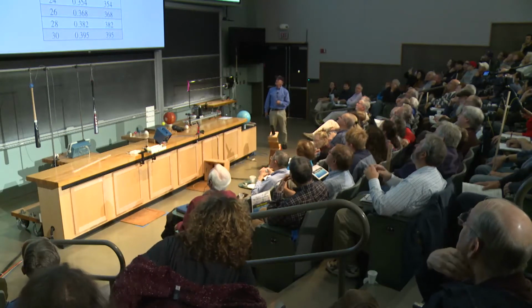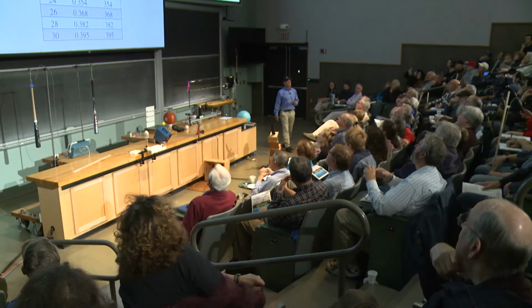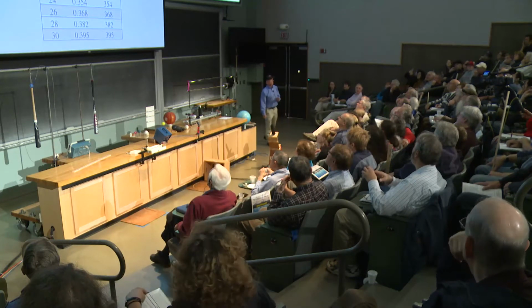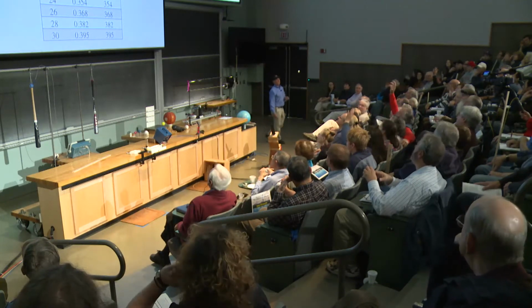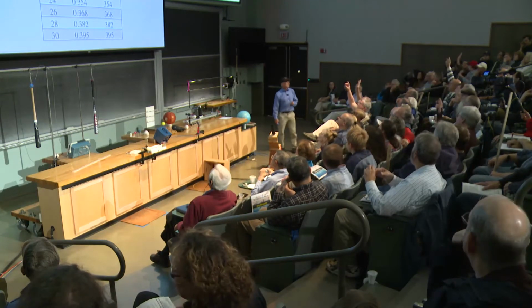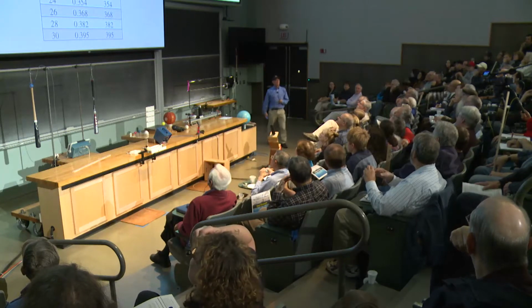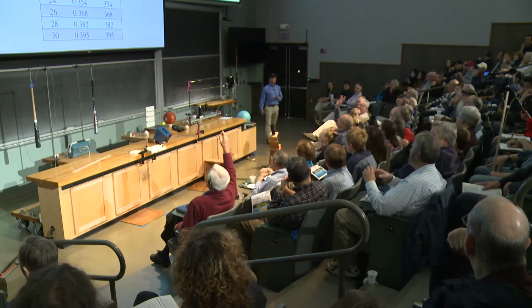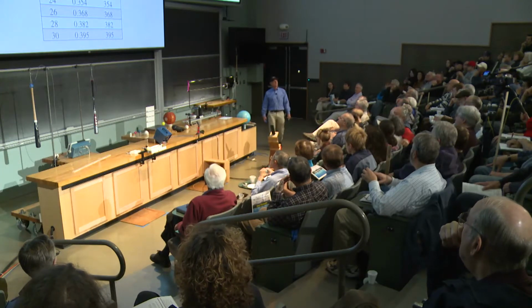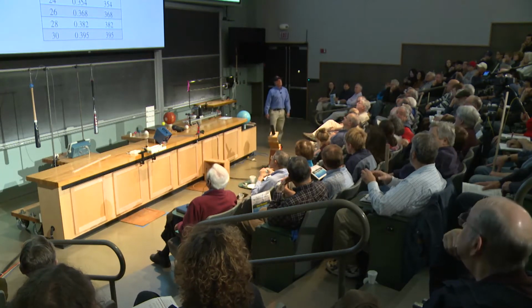How about 100 to 150? Anyone? 150 to 200. So a significant number of hands. 200 to 250. So about the same. 250 to 300? Still about the same. So it's sort of a broad range. And over 300? Not many. Okay? So that's pretty good.